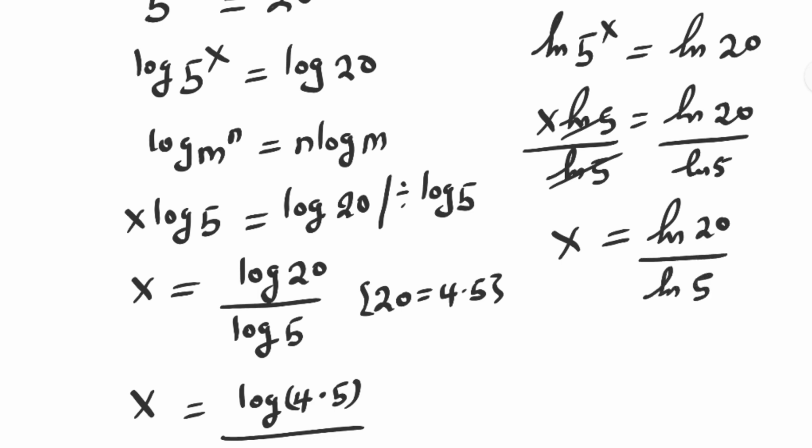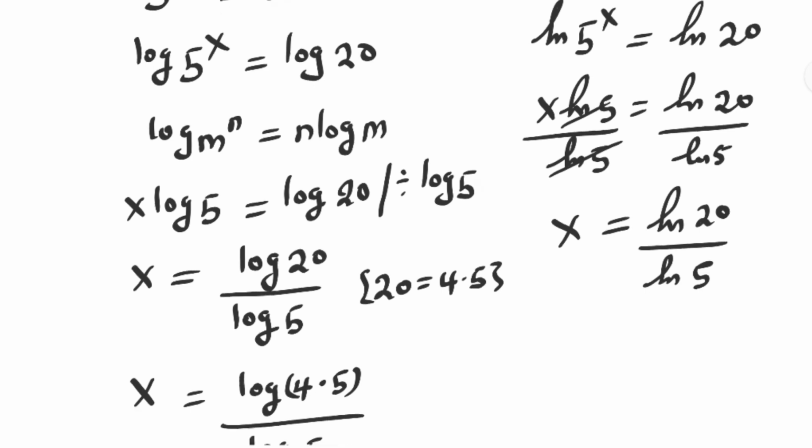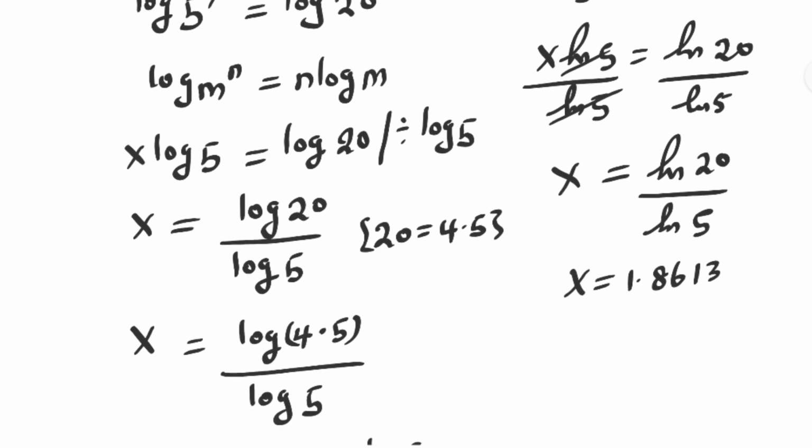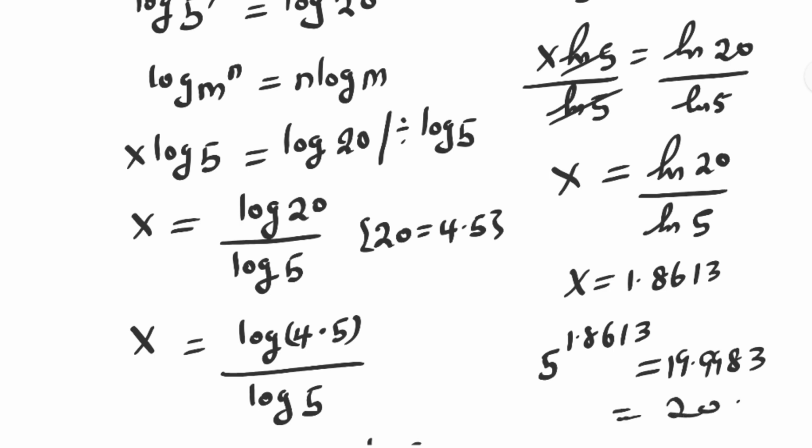And if you press your calculator, x is equal to 1.8613. Then if you check, we have 5 raised to power 1.8613, this is equal to 19.9983, and this is approximately equal to 20.